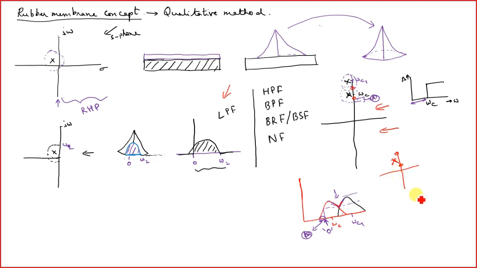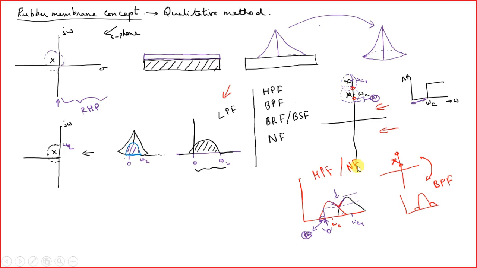So its frequency response would be something like this. Okay. So this would become your band pass filter. Previously I was talking over here high pass filter. Then in this trench, if you place a 0, it can become notch filter. Okay.